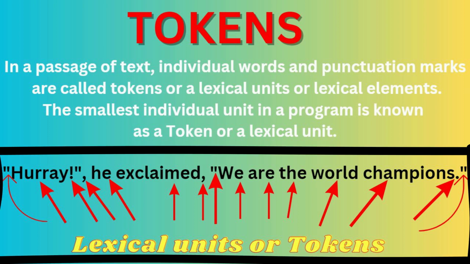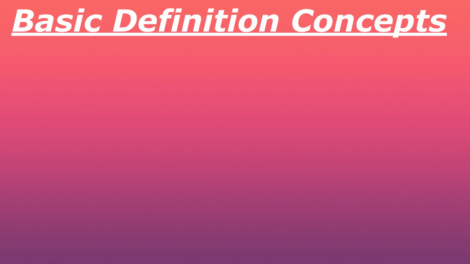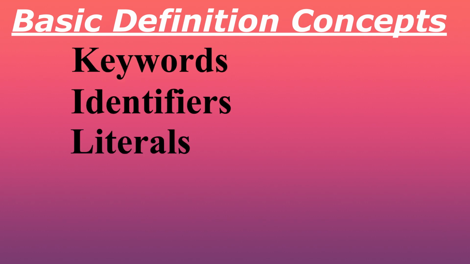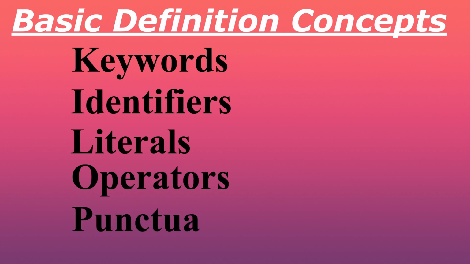There is an English sentence, and here I indicate in detail which word or which symbol we use for which purpose. Now I go to some basic definition concepts like keywords, identifiers, literals, operators, and punctuators.